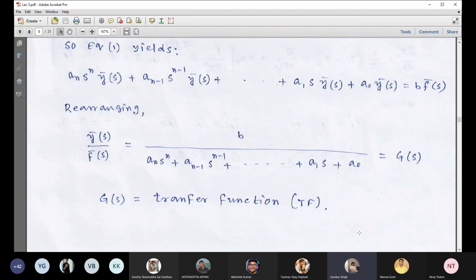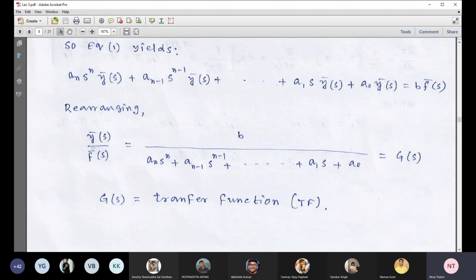So why do we need to find this transfer function? What is the meaning of this function? We are coming to that gradually. Let me give the answer briefly. y bar s divided by f bar s equals this. Now f bar s, if you recall, there are 4-5 types of changes we have considered: step input, pulse, impulse, ramp.